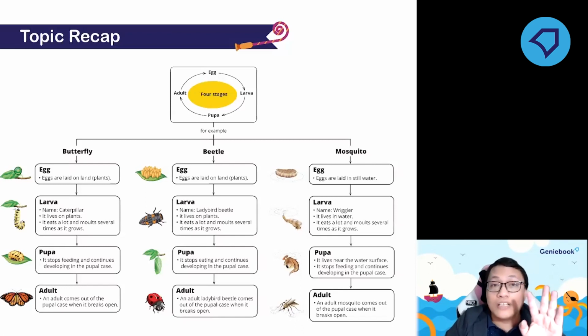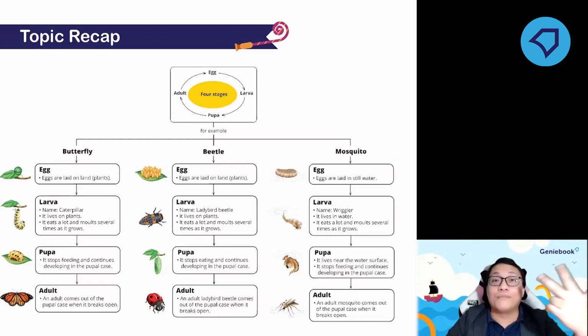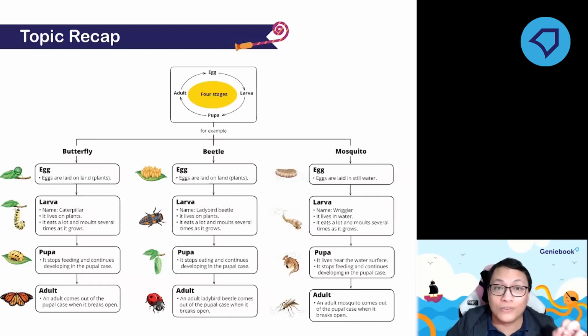Can you mention all these 3 stages which live in water for mosquito? Yes, it's egg, larva, and pupa. These 3 stages of mosquito actually live in water. Then the adult has wings, and they are able to reproduce.